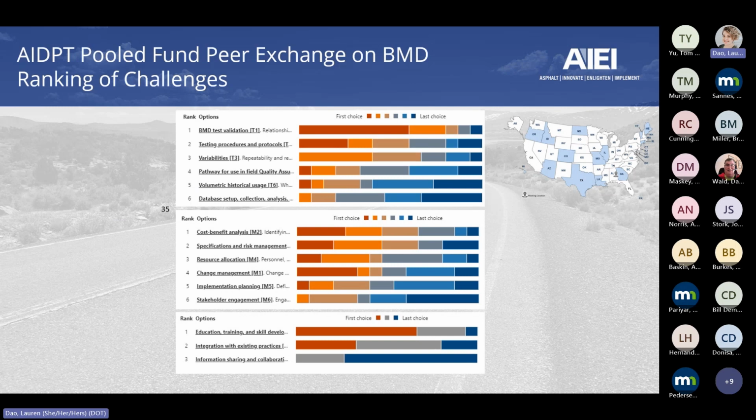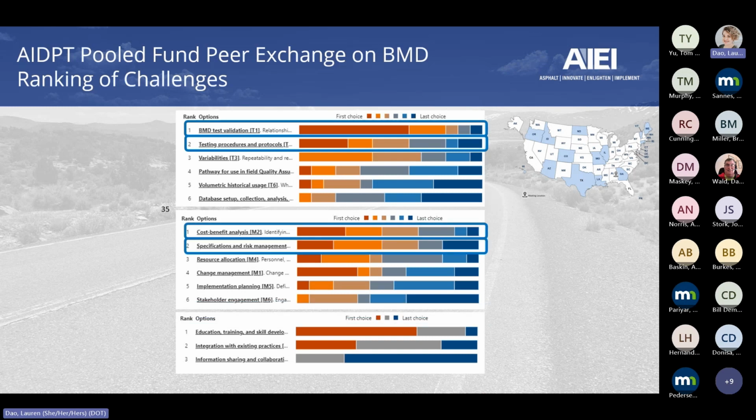So the one that stood out basically out of that from the technical management, the top two were related to the test validation of the BMD and the testing procedures and protocols. And I'll talk a little bit about what those are. And then on the management side, it's cost benefit analysis, which means the why, right?